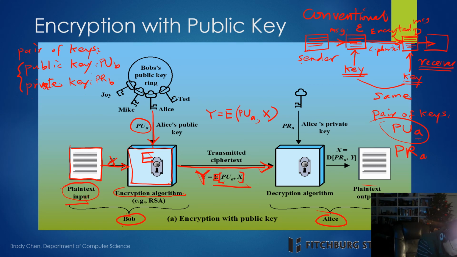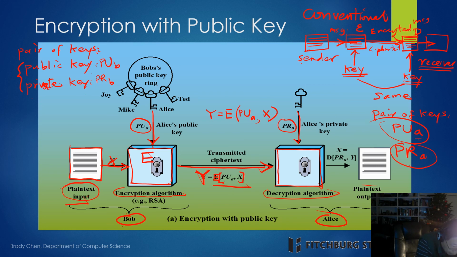Now, when Alice receives the message, Alice is going to use the decryption algorithm. When Alice uses the decryption algorithm, it's going to take Alice's private key. Remember, the private key is also generated by Alice, so it's accessible to Alice.